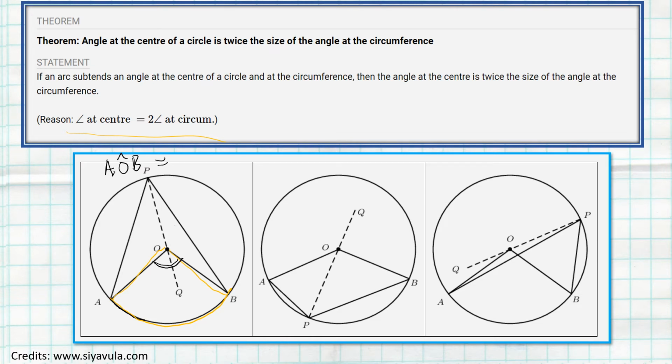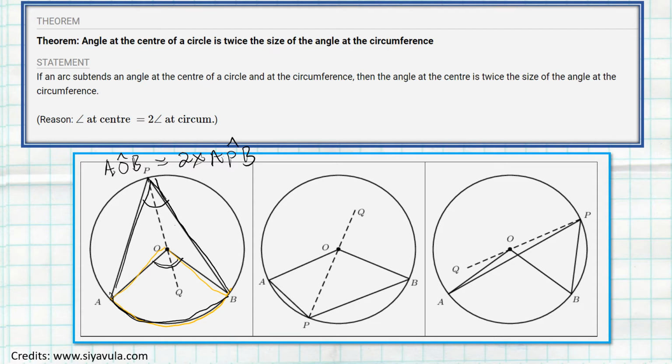The same arc AB is subtending another angle at the circumference, and that is angle P. So the angle at the center will be 2 times the angle at the circumference. We write AOB is equal to 2 times angle P, or to be more specific, angle APB, so that we show we are talking about this angle. That's what the theorem states.